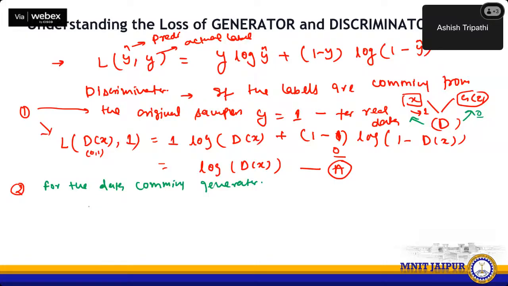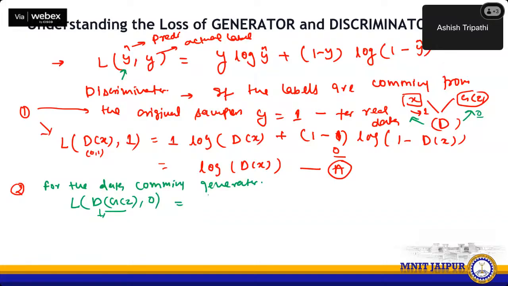So what will be the loss in that case? I'm putting the value in the same equation, that is binary cross entropy. L of, here what is y hat? Y hat will be D of G of z. That means the probability value of the discriminator last layer on this noise data that has been generated by the generator. Actual label is 0.